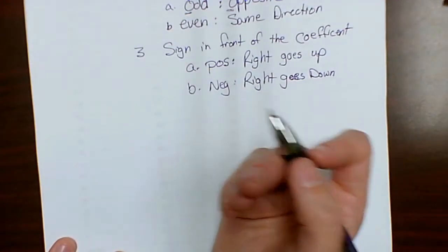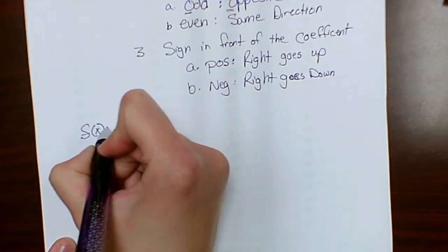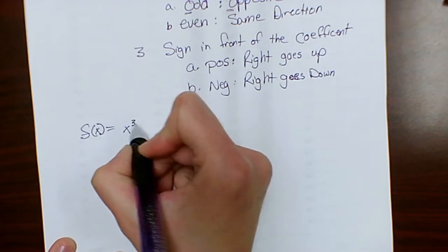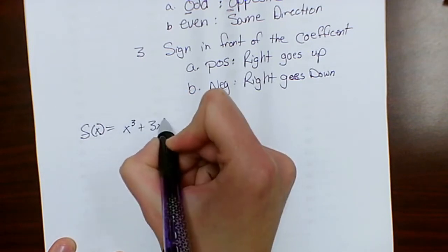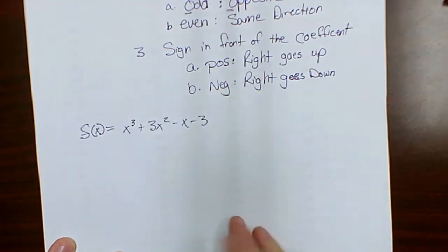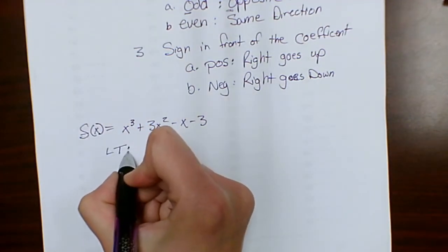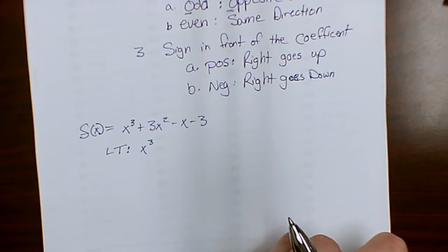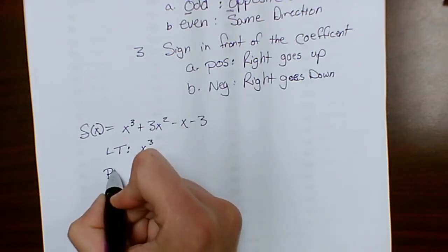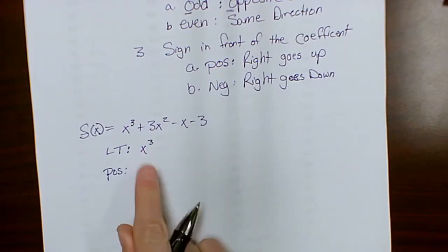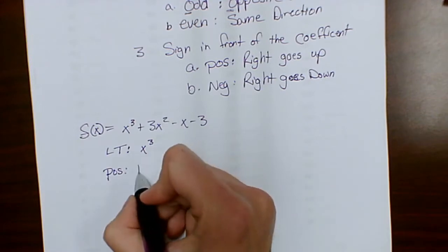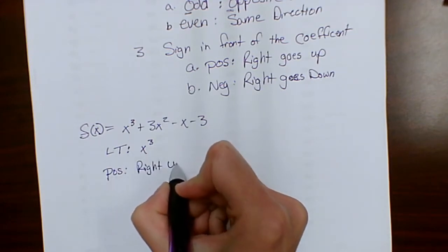So let's go ahead and work two examples of this. Here is our polynomial. The leading term is x to the third. It's a positive term, so our right will go up.